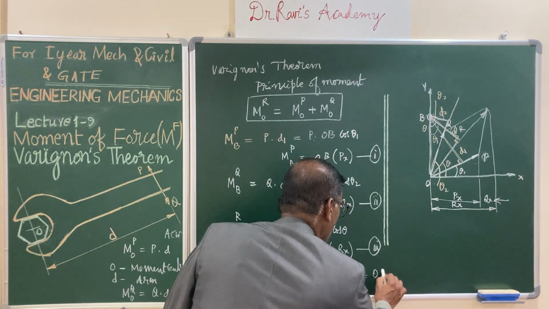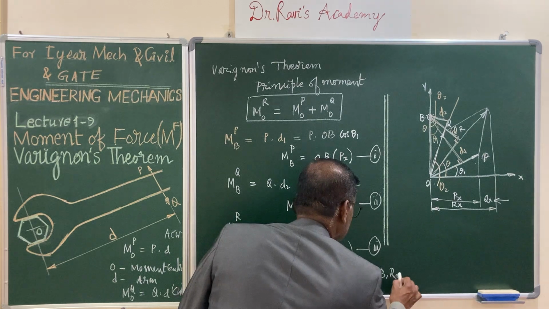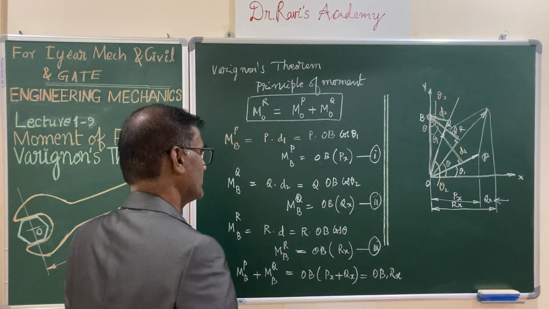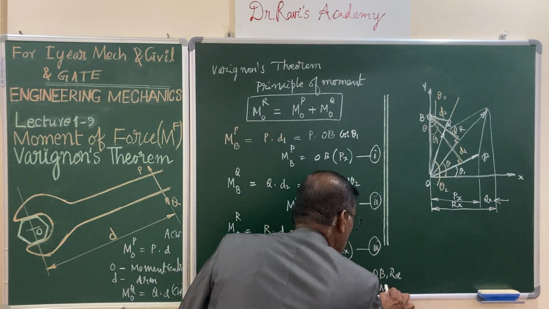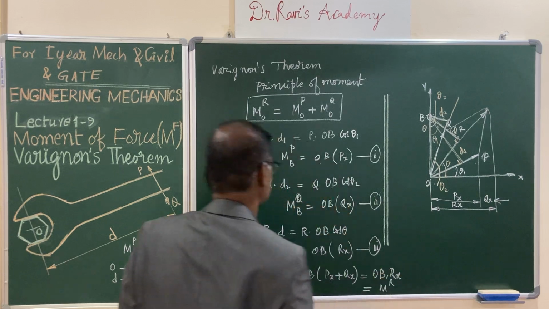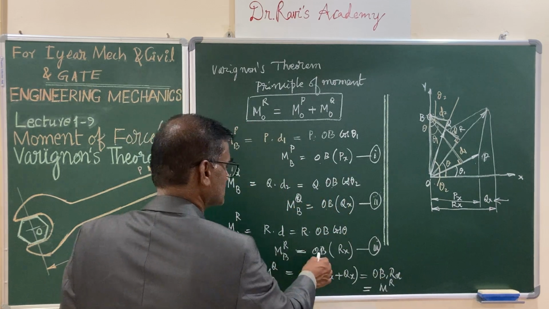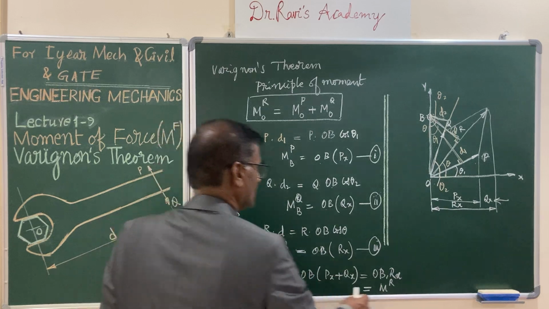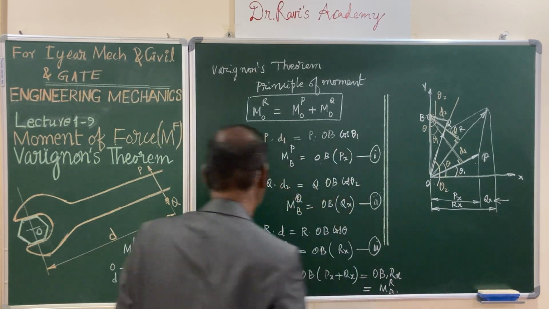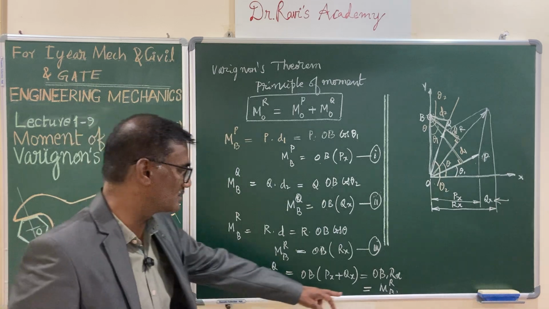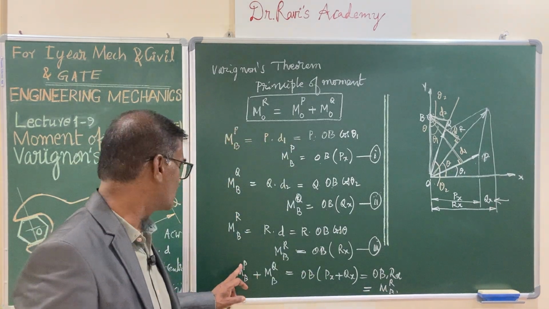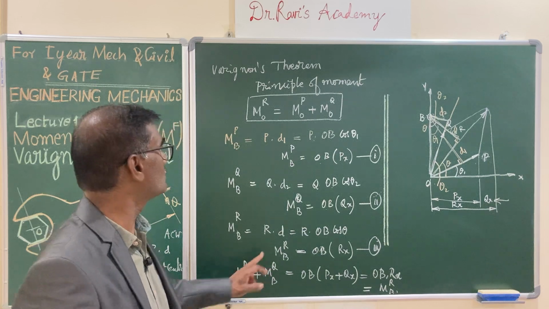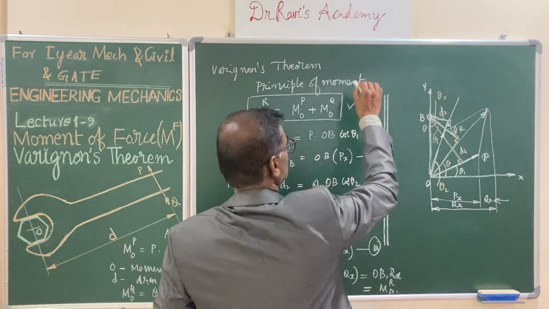This you can write as OB into Rx. So that means this is nothing but your equation 3, the moment of the resultant force about B. So hence it is proved. The moment of the resultant force about B is the algebraic sum of the moments of the component forces P and Q. So this is proved.